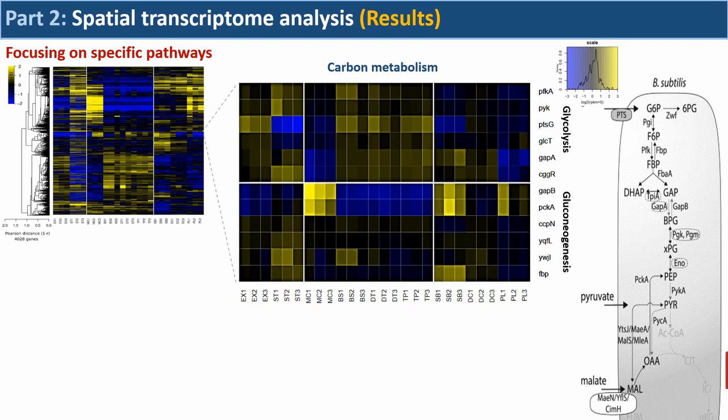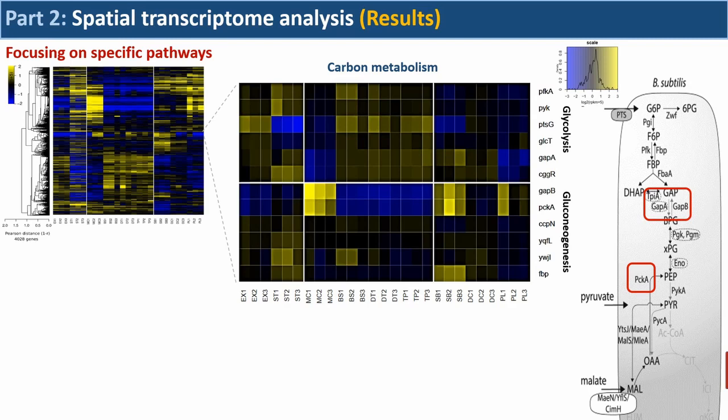In purely gluconeogenic conditions, for example, pckA and gapB will be de-repressed. Thus, gapA and gapB are two oppositely regulated genes that cannot be expressed together in the same cell.